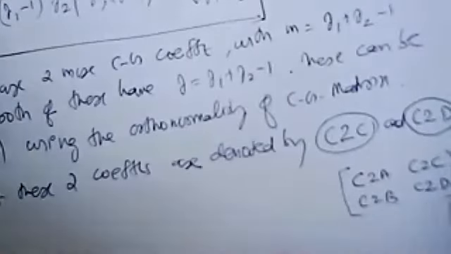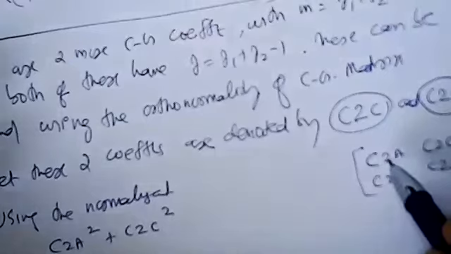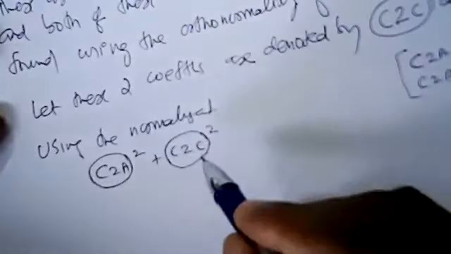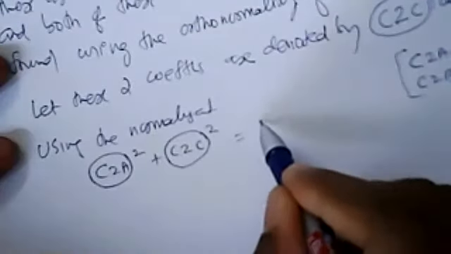Using normalization, we can write C2A square plus C2C square, of this one plus this one, equal to 1.